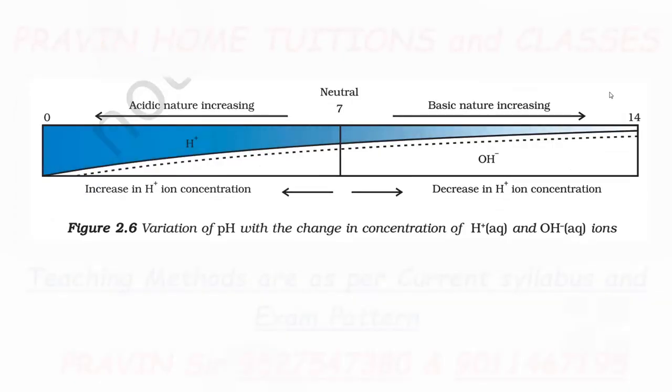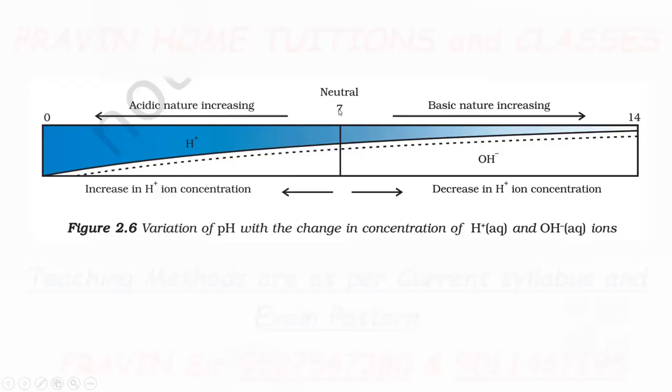Now, 0 means the solution is a strong acid. 14 means the solution is a strong base. And 7 means the solution is neutral. It's neither acidic nor basic.